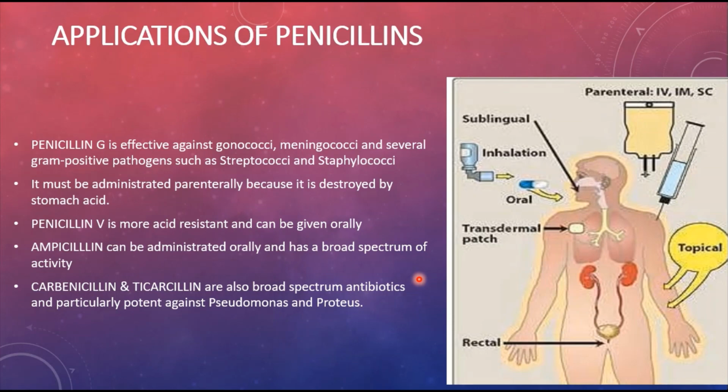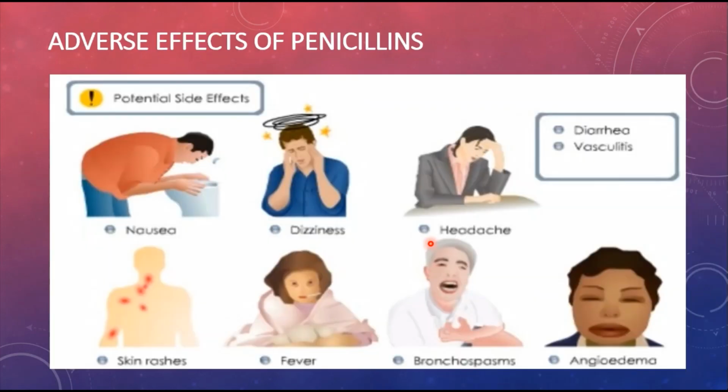Although penicillins are rarely toxic in human patients, they may give rise to certain sensitivity reactions which vary from mild skin rashes to severe anaphylaxis. Therefore, patients should be questioned about penicillin allergies before treatment is begun.